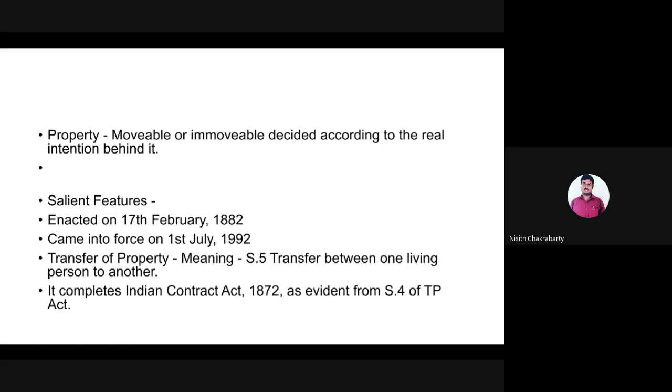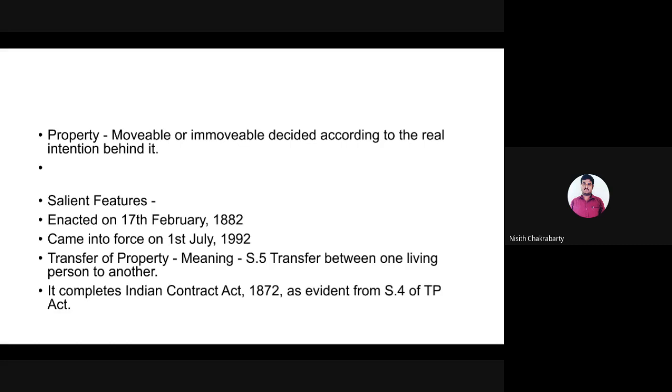So anyway, transfer of property we will define when we go to section 5, which obviously means a transfer between one living person to another, because we had discussed that it deals not with the testamentary form of, not the intestate succession, but the testamentary form of succession.